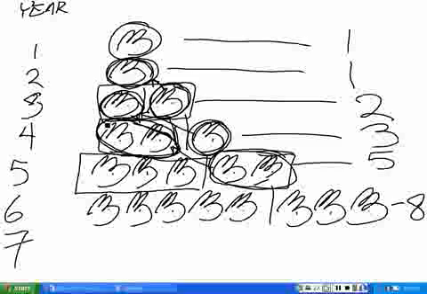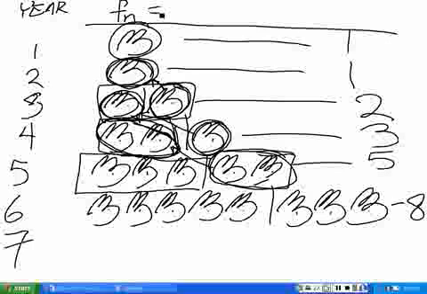So if I let Fn be the total number of bunnies in year n, the bunnies from the year before all live, but the new offspring, the baby bunnies, that's going to be F of n minus 2.